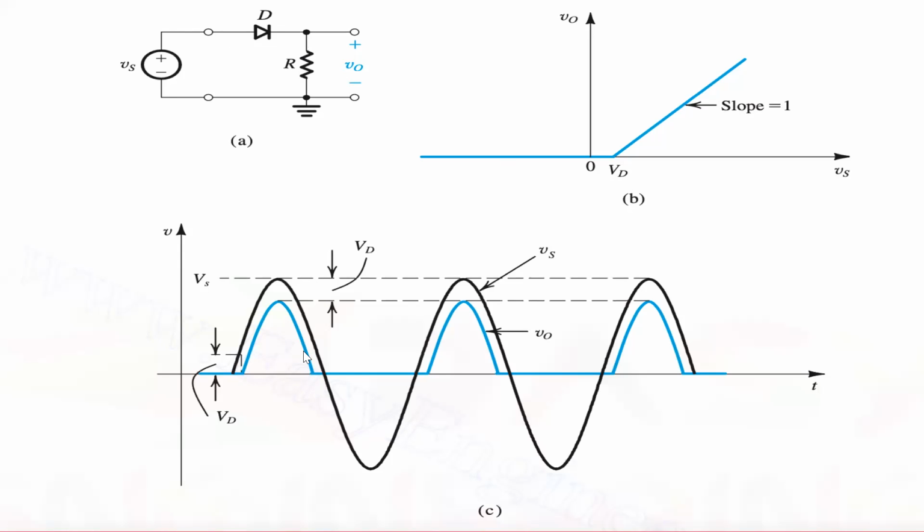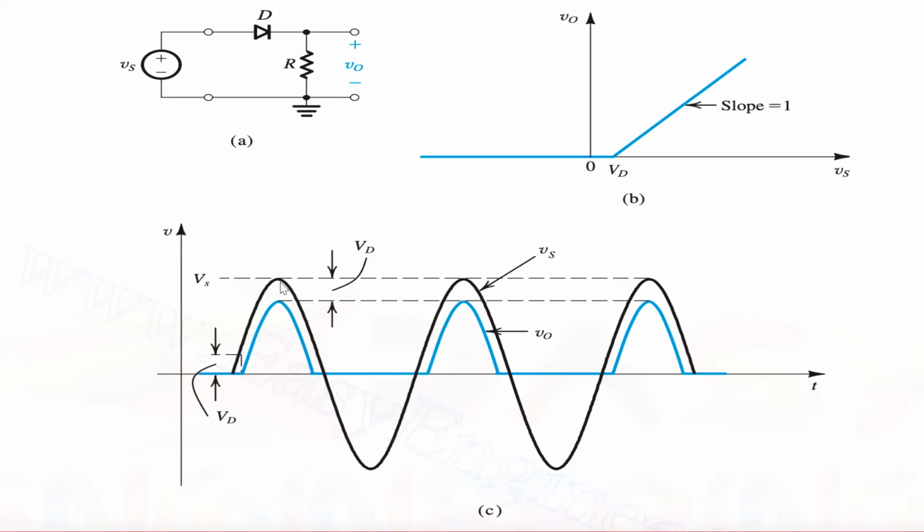When the black curve tends to become negative, D becomes reverse biased, and hence no current flows through it and no voltage output is received. Hence, we can see that the blue line is zero when the black line is negative.